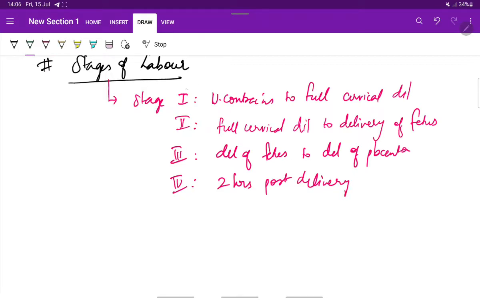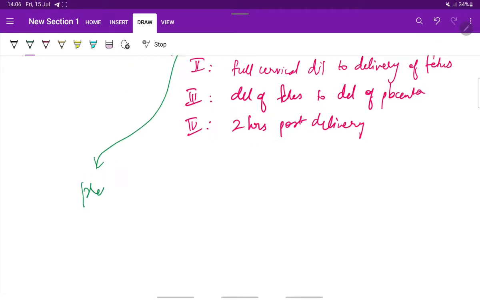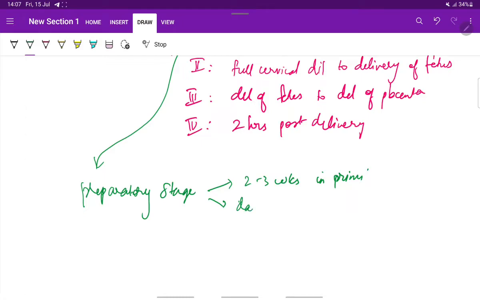In addition, before the first stage, there is a stage called preparatory stage, which is about 2 to 3 weeks before the onset of labor in primigravida and a few days before the onset of labor in multigravida.